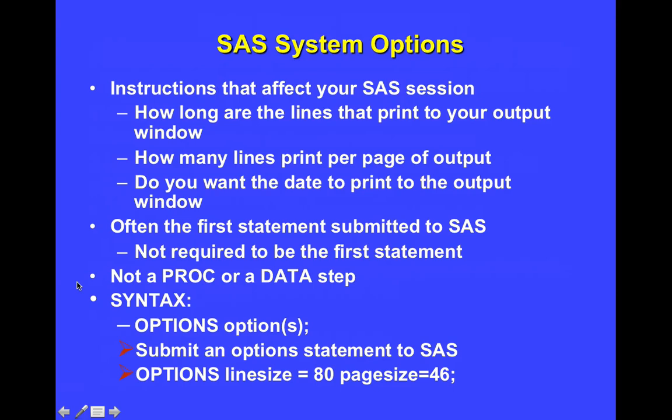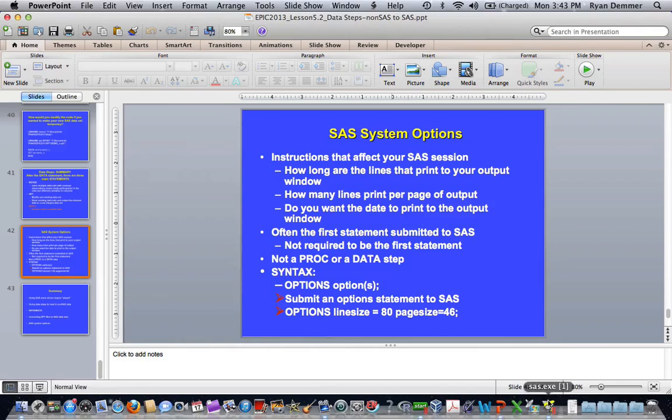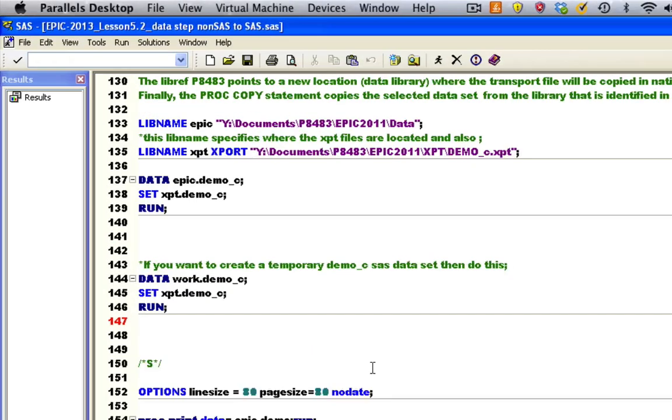It's one of the rare situations in SAS where you'll have just a standalone statement that is not within the body of a proc or a data step. And the basic syntax is that you use the word options, and then after that you specify whatever options you would like, ending with a semicolon. We'll jump back into SAS and take a look at that.